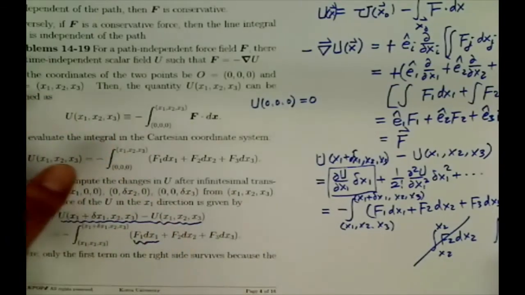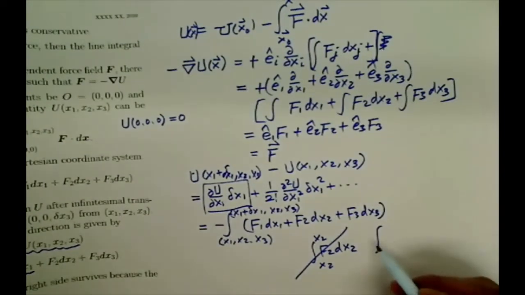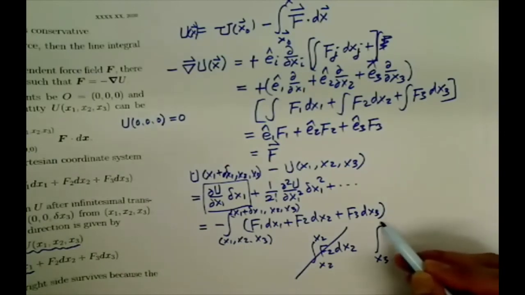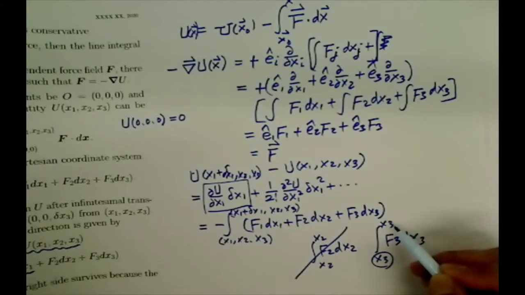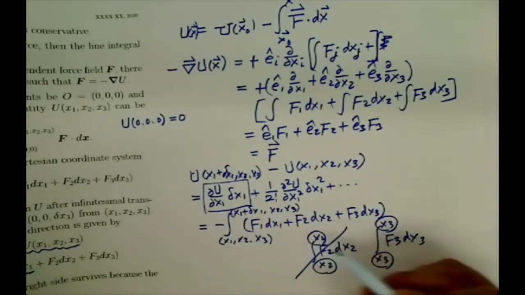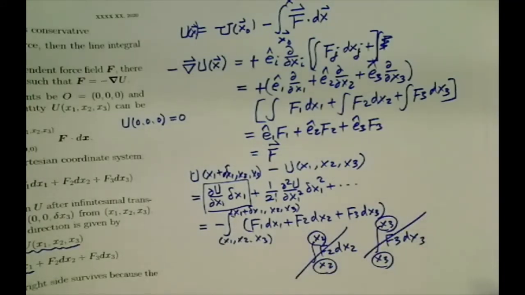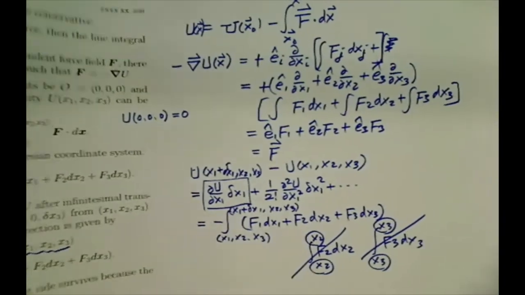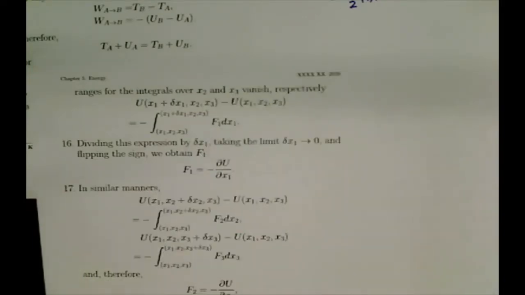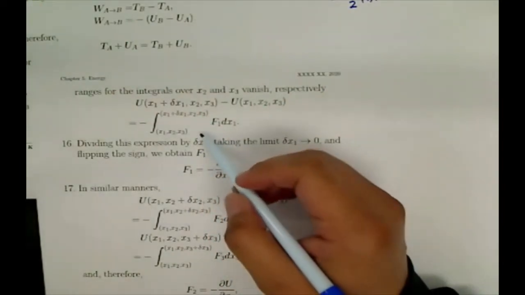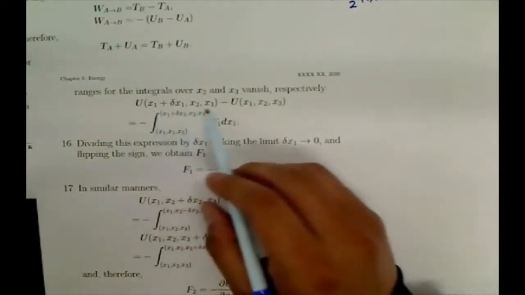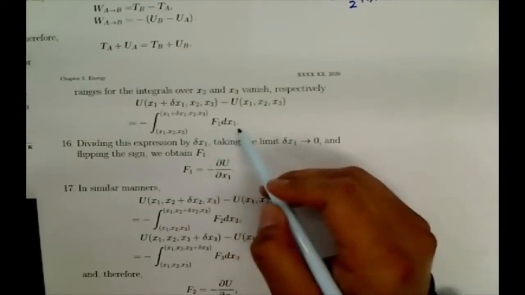Here, the integral of F3 dx3 from x3 to x3. So the starting point and end point are the same, so it vanishes. Right? Therefore, we have only a single term, F1 dx1.